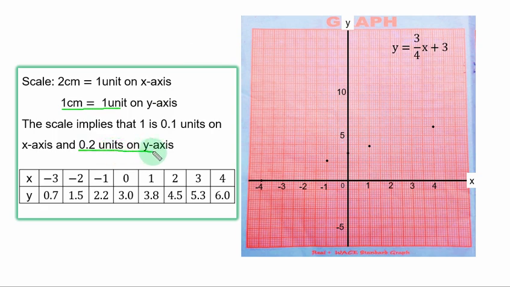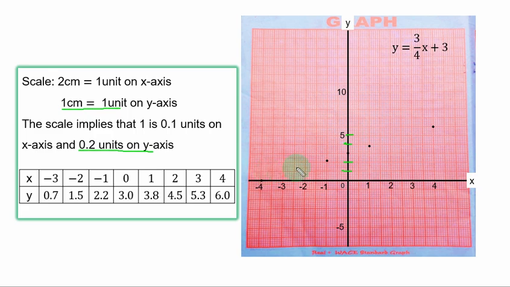By now, you should know how to get this. So let's plot the first point. Minus 3, 0.7. So this scale now, here is 1, so this is 2, you have 3 here, you have 4, and this is 5. So you have minus 3.